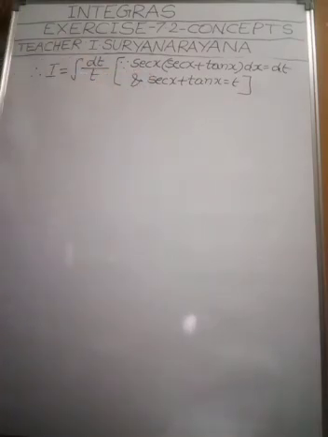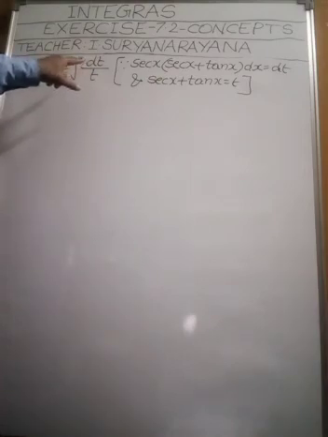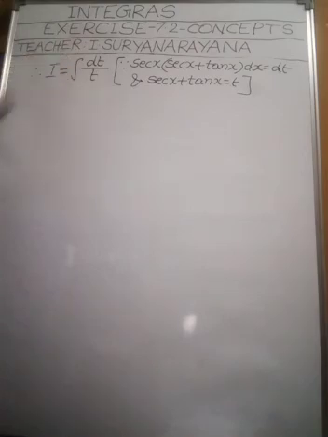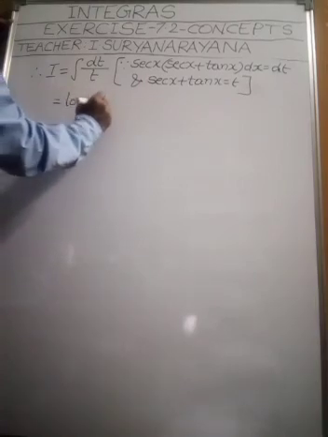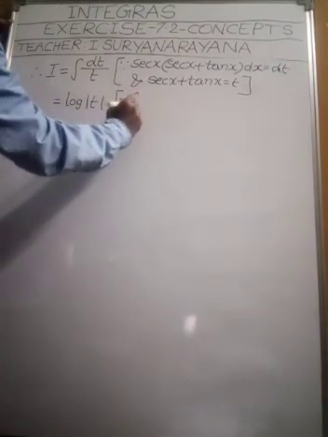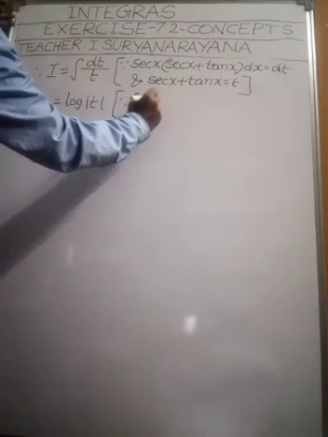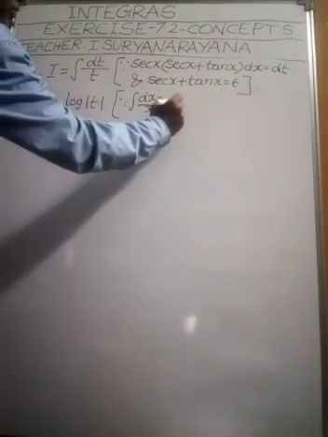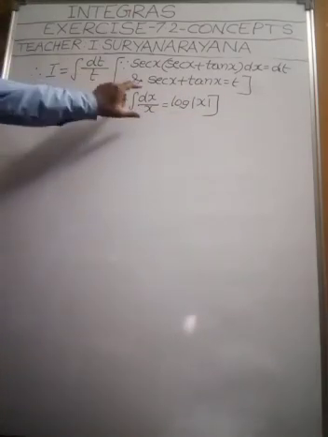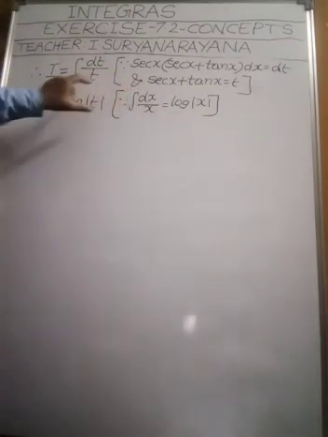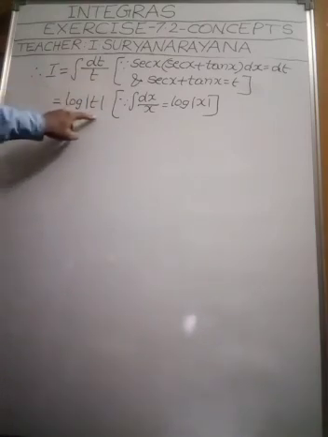Understood this step, my children? Right. Now if we observe this integral, it is in the standard form. What is the standard form? Integral dx by x. What is the formula? Log mod x. Okay, my children? So that is equal to log mod t, because integral dx by x is equal to log mod x. By using this standard integral formula, we got to this step. Understood this step, my children?